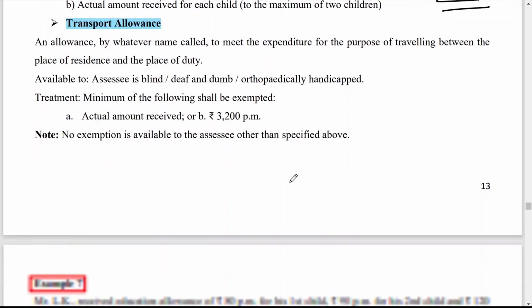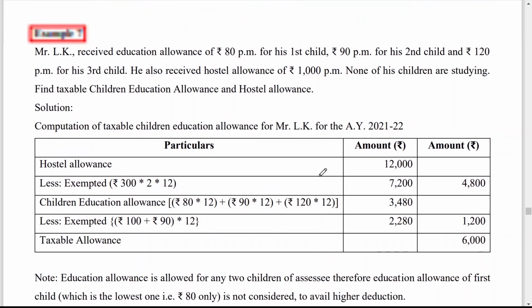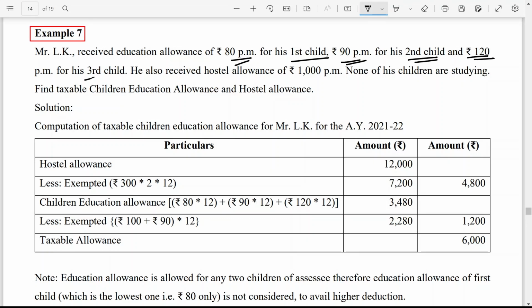Now let us discuss one question so that your understanding gets stronger. Mr. LK receives education allowance of rupees 80 per month for the first child, 90 per month for the second child, 120 per month for the third child.